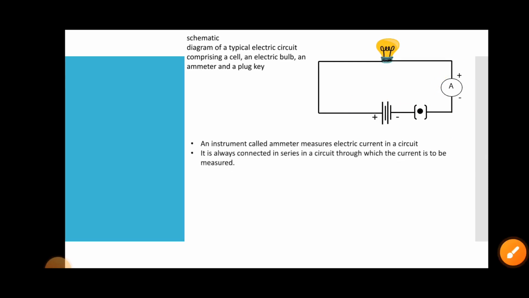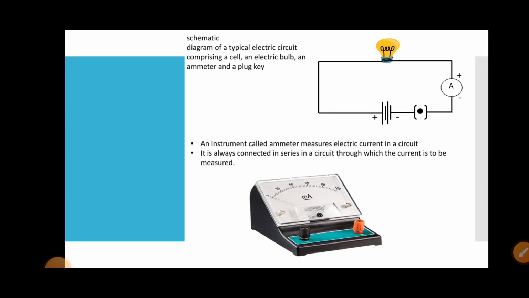An instrument called ammeter measures the electric current in a circuit. It is always connected in series in a circuit through which the current is to be measured. This is the picture of an ammeter, and we will see later why it is connected in series.